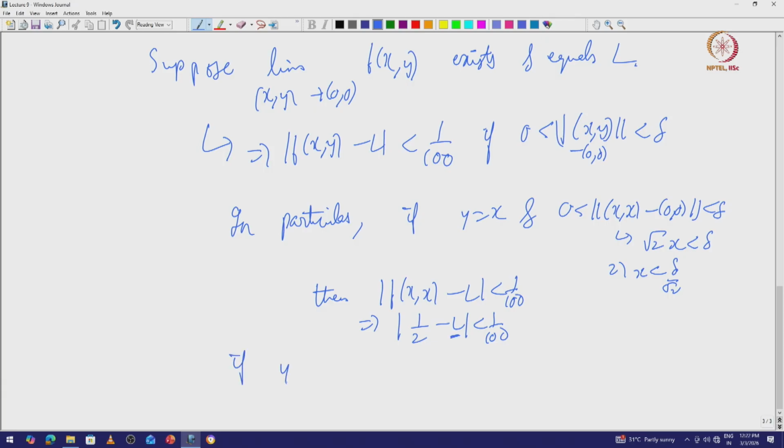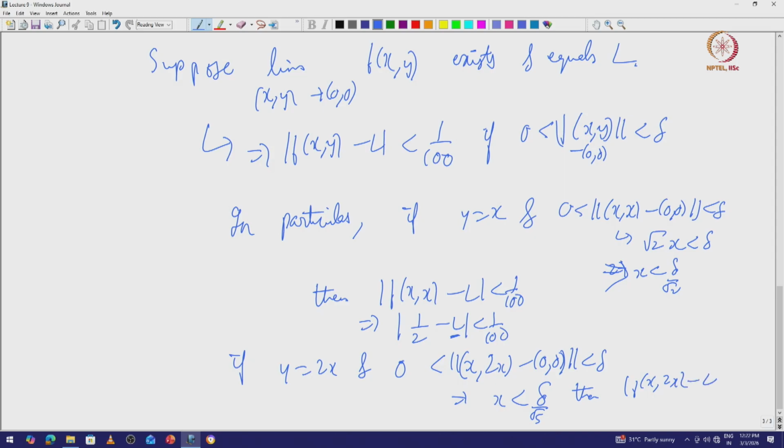If y is 2x and the distance from (x, 2x) to (0, 0) is less than delta, that is, if x is less than delta divided by square root 5, then f of (x, 2x) minus L is less than 1/100, that is, 2/5 minus L is less than 1/100.